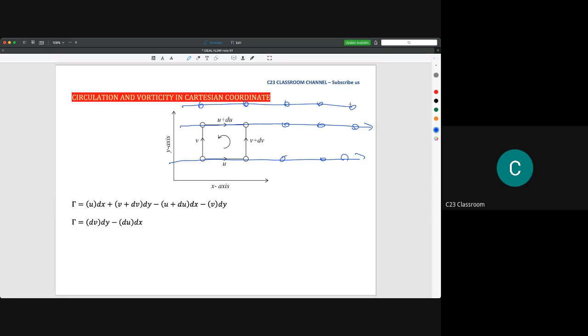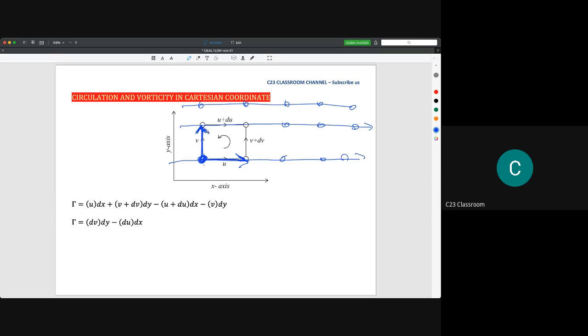And then the u means the possibility of this molecule to move in the x direction, and v here is the possibility of this molecule to move in the y direction.